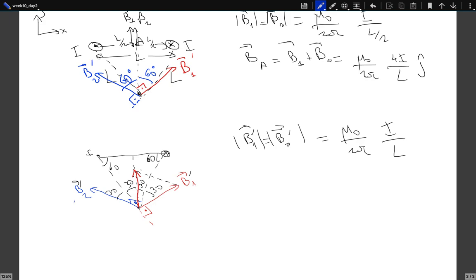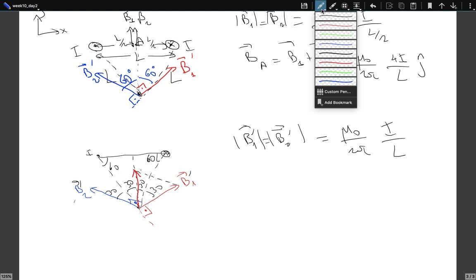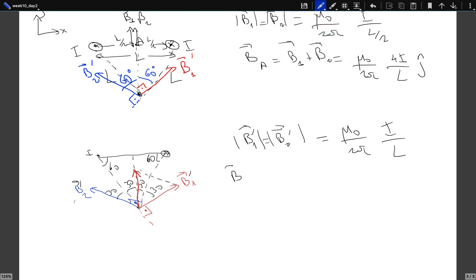And in fact, the magnitude of that vector, so B at the point C, is B1 prime plus B2 prime, which will be equal to mu0 over 2 pi I over L, and again in the j direction.